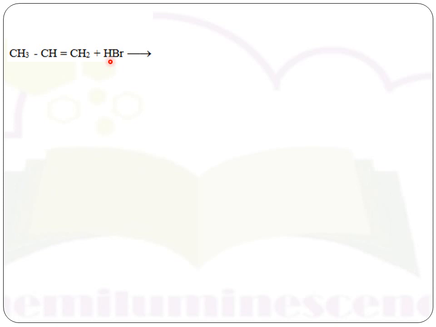The first product can be formed by addition of hydrogen to this carbon and addition of bromine to this carbon which carries two hydrogen, and the second product can be obtained by addition of hydrogen to this carbon which carries two hydrogen, and bromine adds to this carbon which carries one hydrogen.